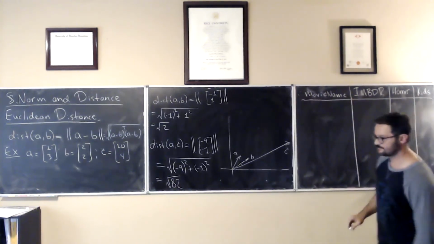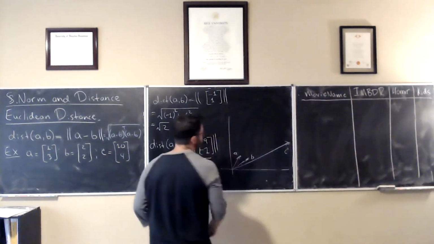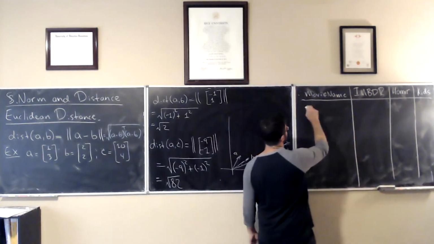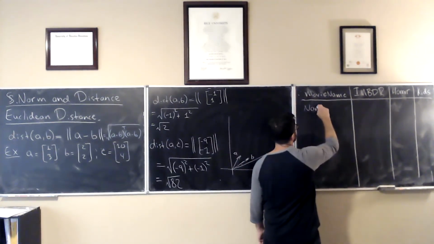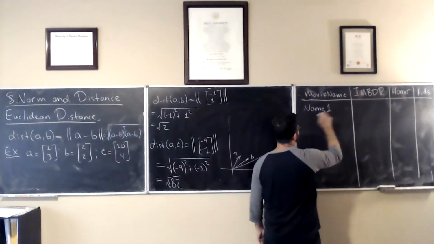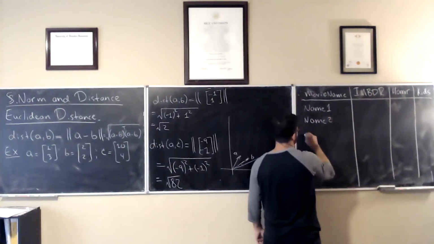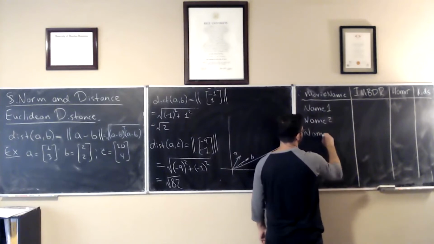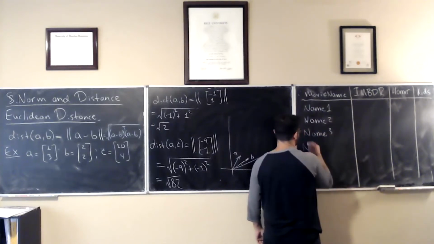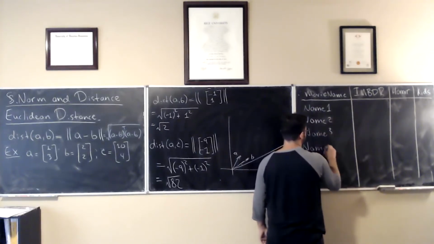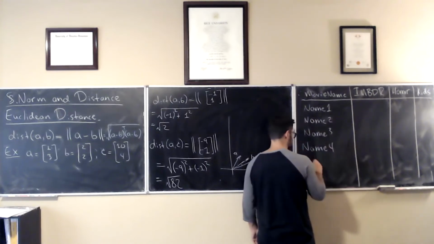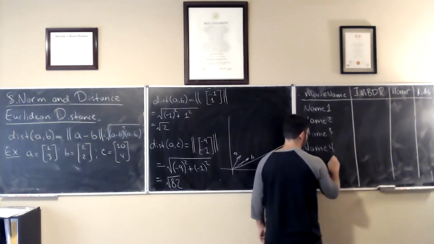And for each movie name, I don't know, name 1, name 2, name 3, name 4, and so forth and so on, right? We just have a bunch of movie names.